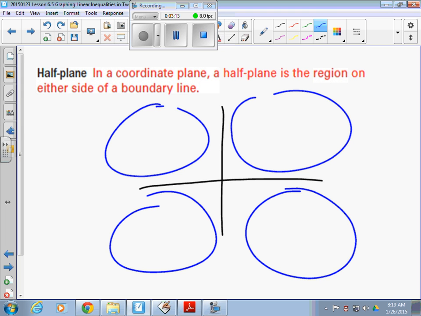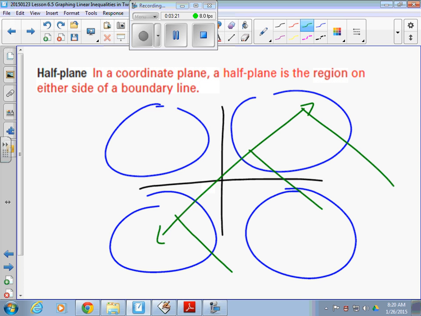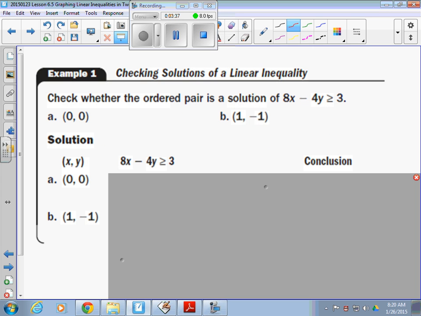On the plane itself, when we're actually drawing an inequality and we're shading it one way, we're creating one plane that is correct and one plane that is incorrect. Everything shaded in the green area up here would be correct. Everything the other direction that's not shaded, now it's shaded red, would be wrong. So we're creating half planes.